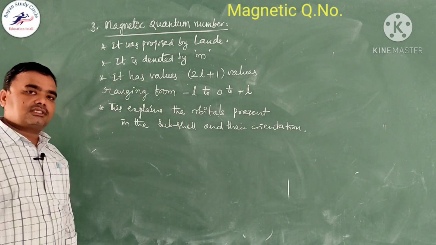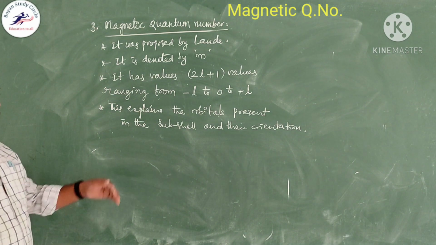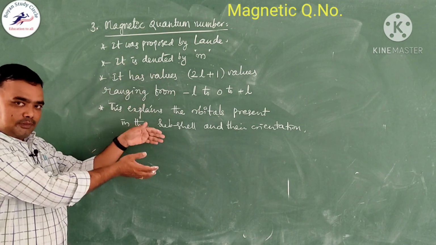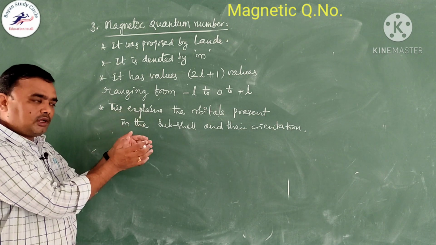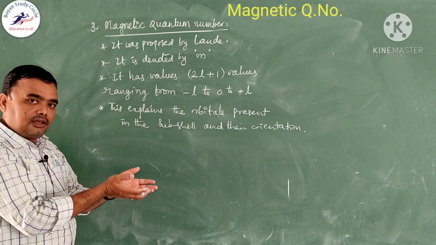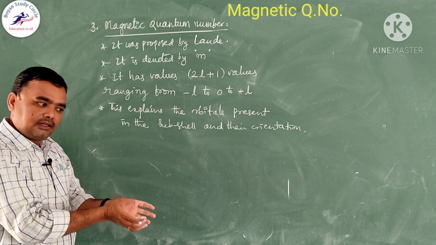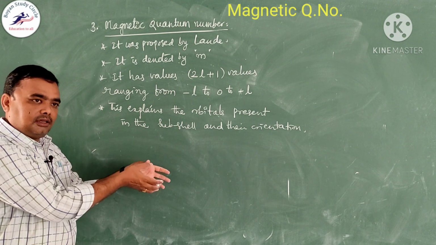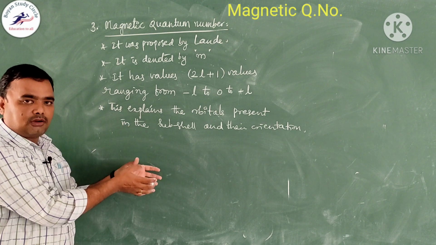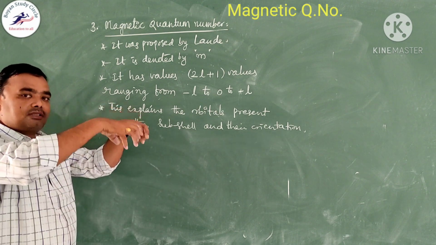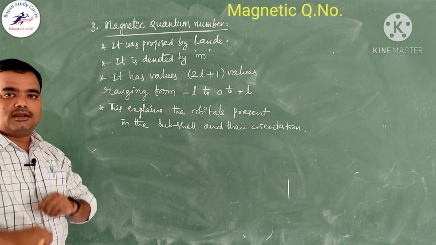So this is the significance of this quantum number, right? So we start with principal quantum number. Principal quantum number gives the main shells. When you enter into the main shell, there are subshells, they are SPDF, right? So that is explained by the Azimuthal quantum number. And then when you enter into the subshell, there are some orbitals.